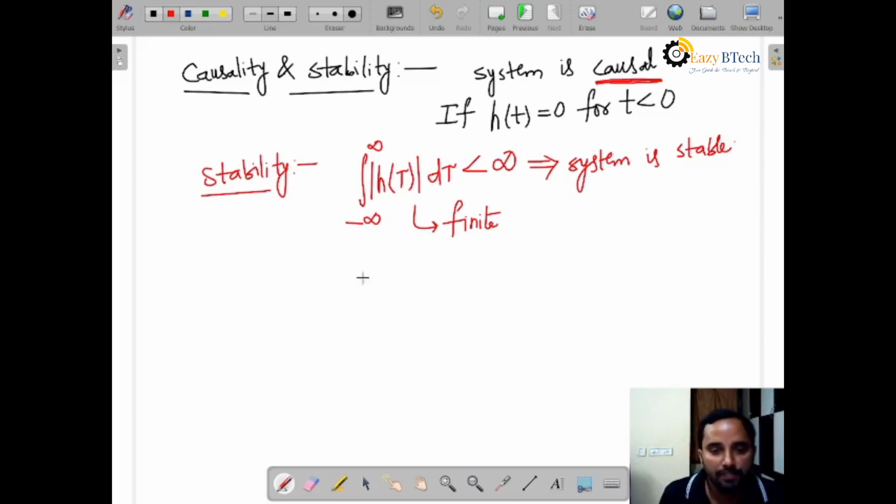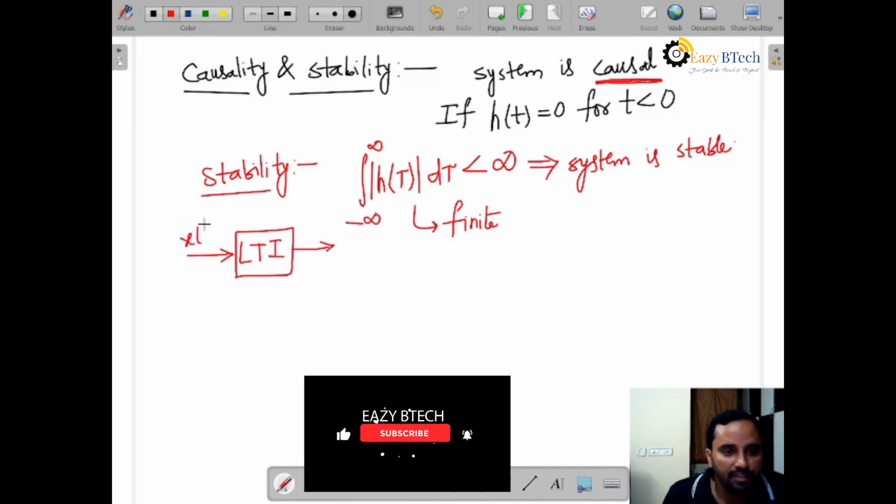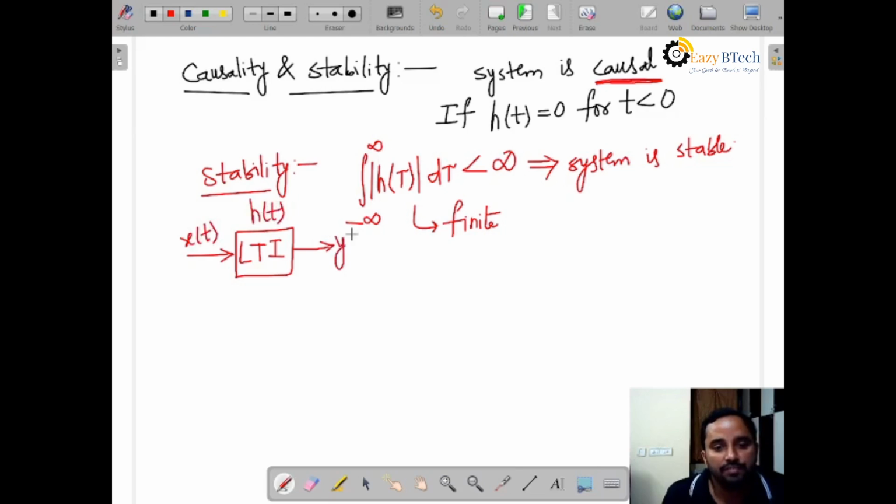Let's see why this condition holds. Generally, if you take an LTI system with input, output and impulse response, the input is x of t, the impulse response is h of t, and the output is y of t.